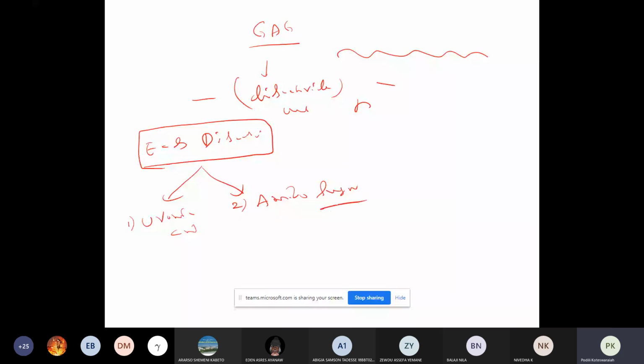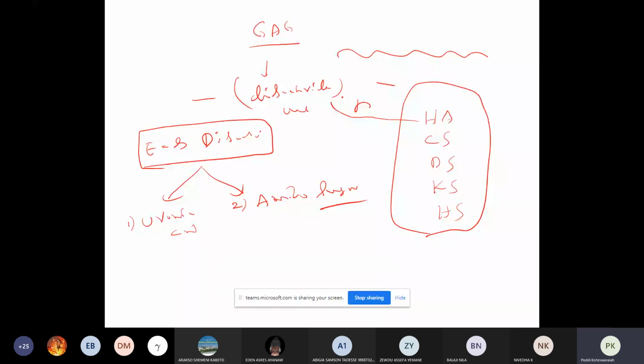So if you take any glycosaminoglycan, whether it is hyaluronic acid, chondroitin sulfate, dermatan sulfate, keratan sulfate, or heparan sulfate, in all of them they are polymers of repeating disaccharide units. That means this disaccharide unit is present several times.